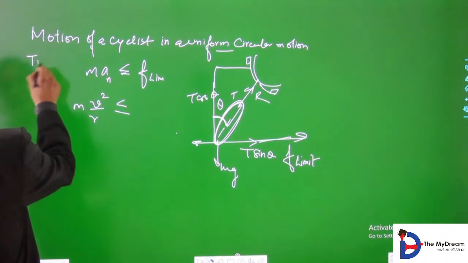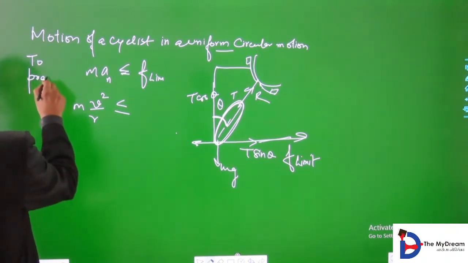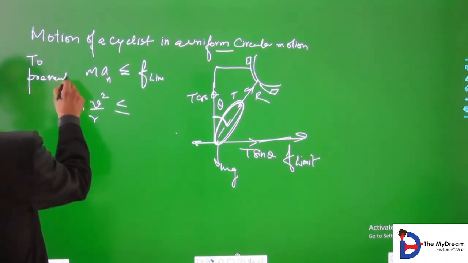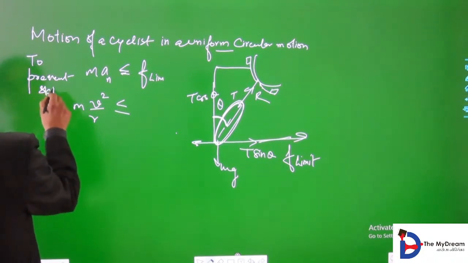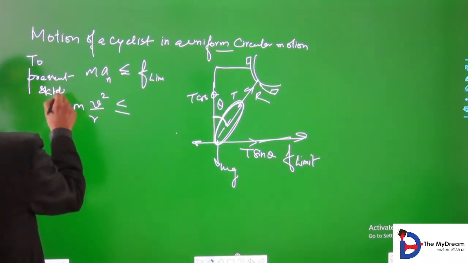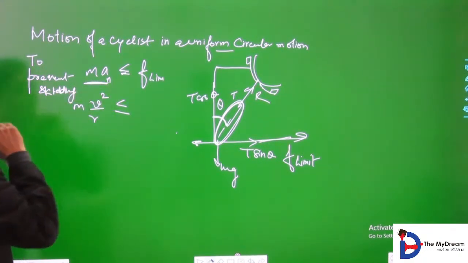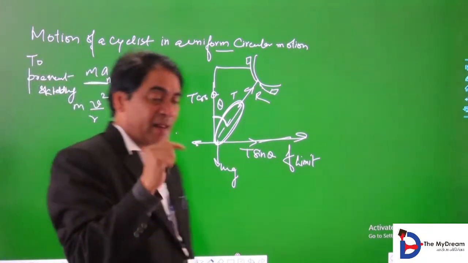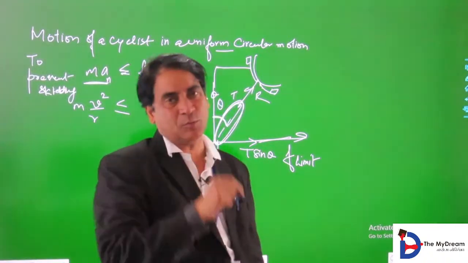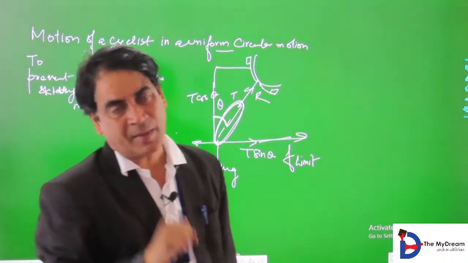To prevent skidding. This is the centripetal force, which must be less than or equal to the limiting force of friction.